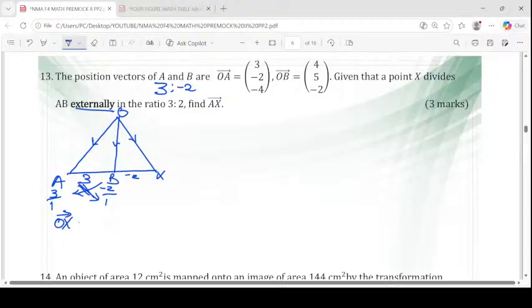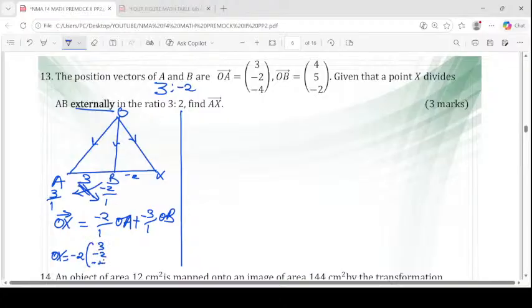OX by ratio theorem will be negative 2 over 1 of OA plus 3 over 1 of OB. This gives you your OX. So my OX will be negative 2 of OA. What's our OA? 3, negative 2, negative 4, plus negative 3.